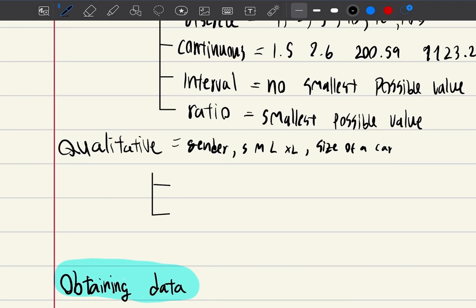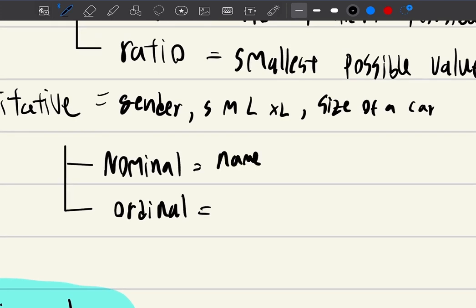In qualitative data, we also have two subsets: nominal and ordinal. Nominal is something that can't be ordered, like names, because you don't have to put Joe in front of Steve or Steve in front of Joe.